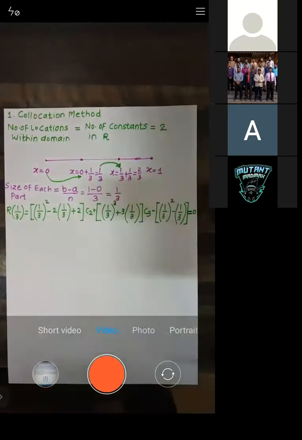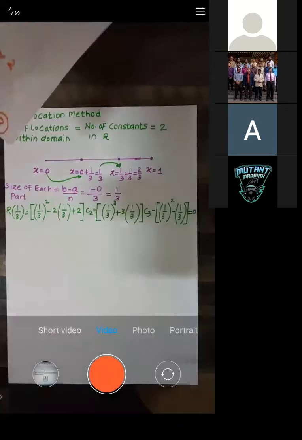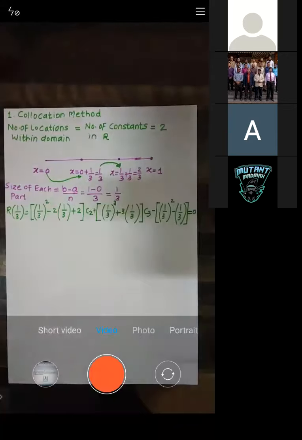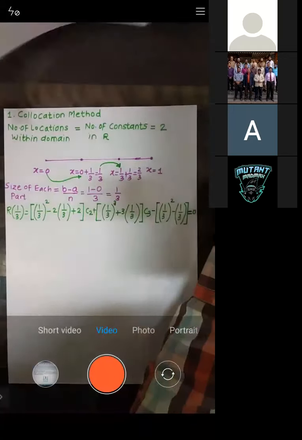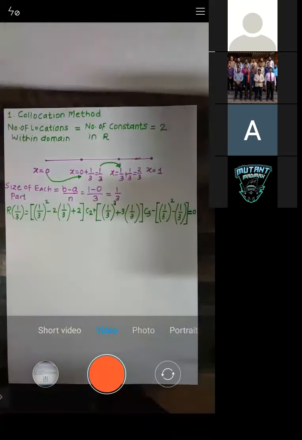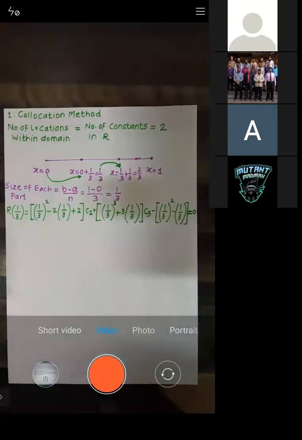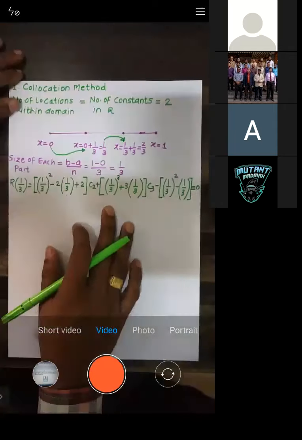Do it fast. How much are you getting for that term? Can anybody tell me how much this value is coming? Simple calculation, you can do that. Do the simple calculation.